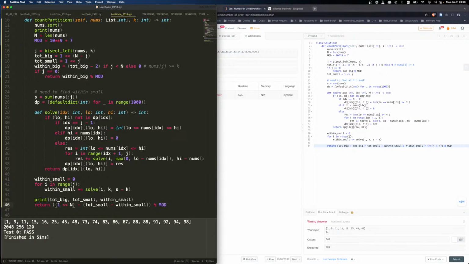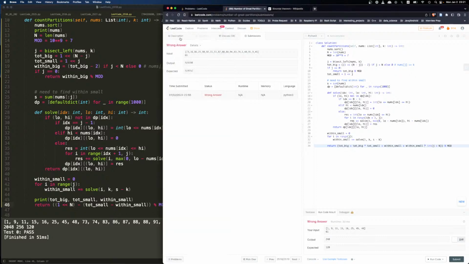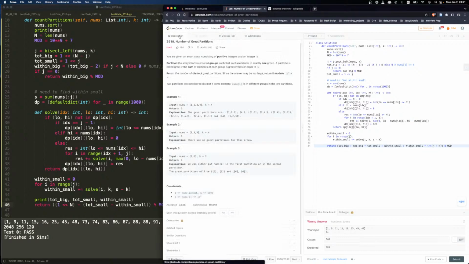That's the total possible partitions, right? And then total possible minus the one that's not possible. And the one that's not possible is going to be within the first n, which need to find the partition that's not possible.